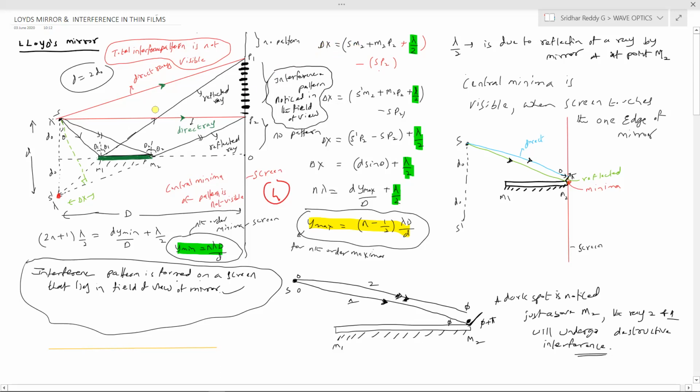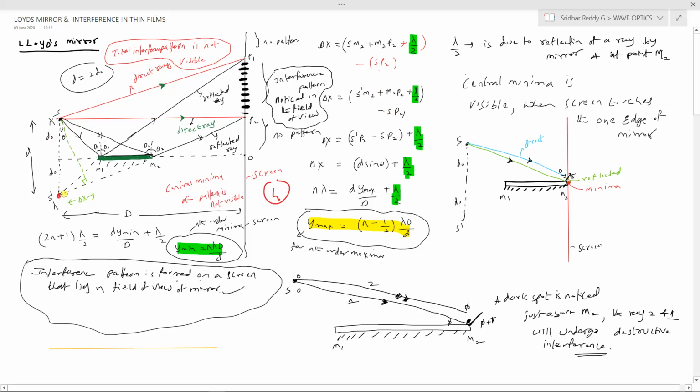Okay, now let's come to this one. From the triangles S M2 A and S dash M2 A, these two are similar triangles. So from similar triangles, we can write SM2 is equal to S dash M2. So the path difference is S dash M2 plus M2P2 plus lambda by 2 minus SP2.